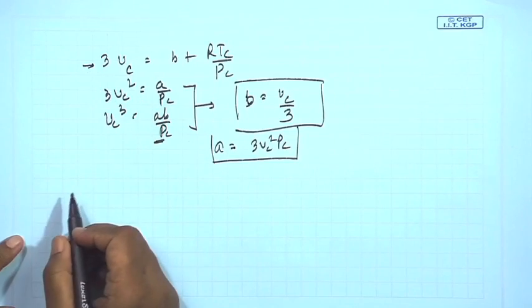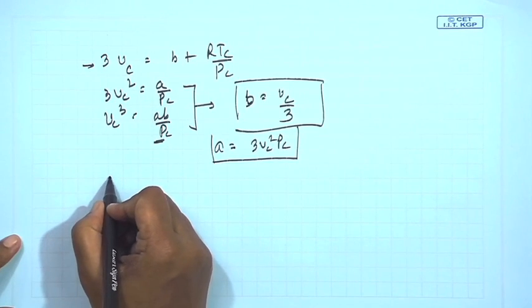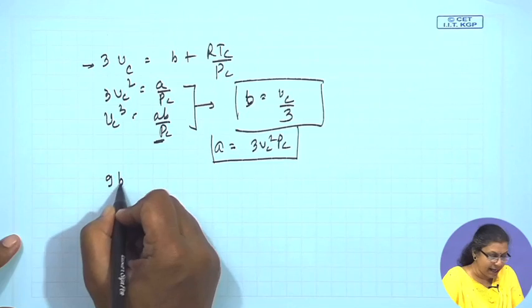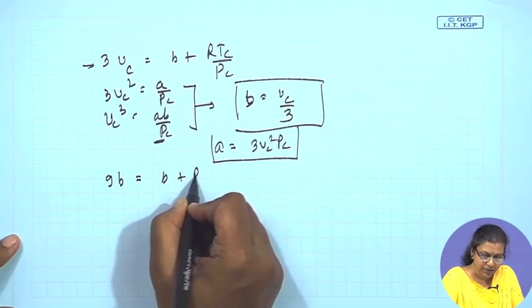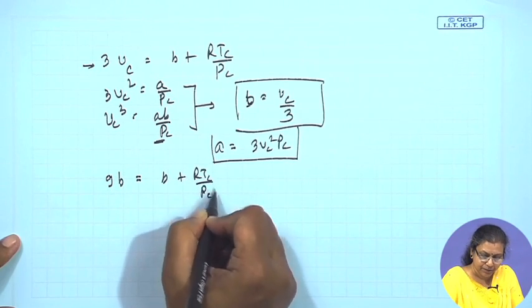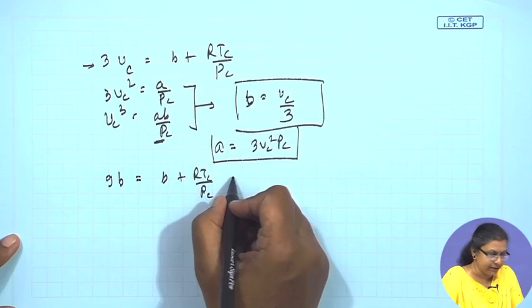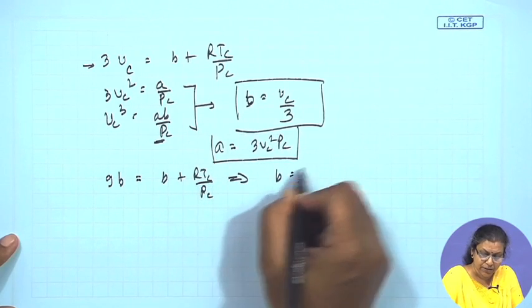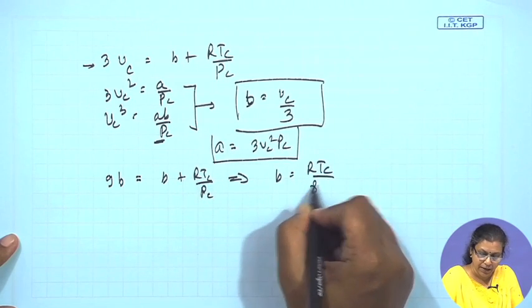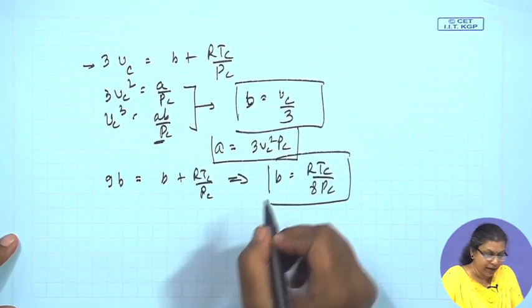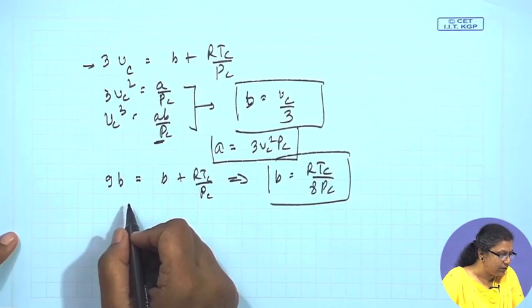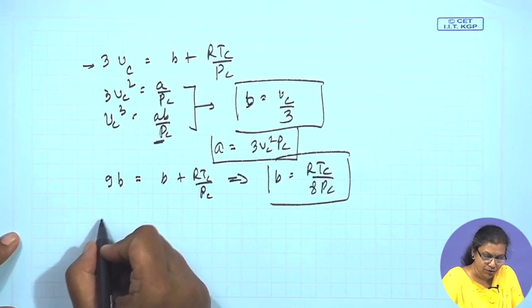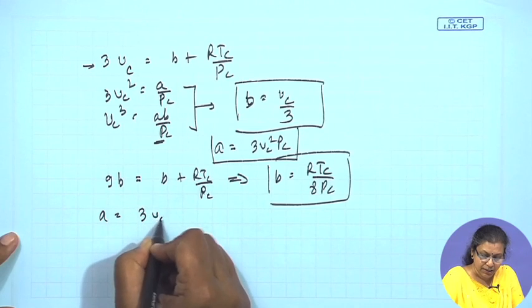So, for that, what do we do? We take help of this particular equation, in which we get 3Vc equals B plus RTc by Pc, which gives us B equals RTc by 8Pc, fine. And in the same way we have found that A equals 3Vc square Pc.